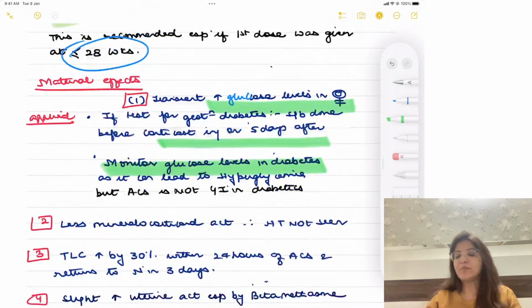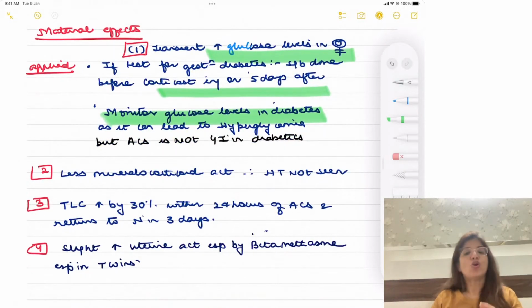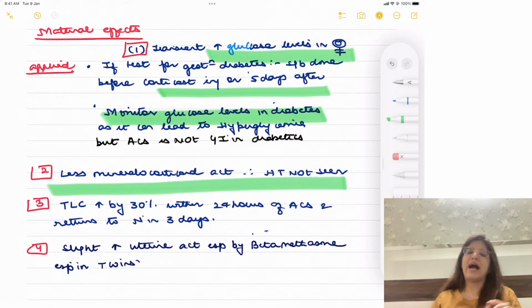Next important thing to remember is that corticosteroids have very little mineralocorticoid action. So hypertension is not seen when you give antenatal corticosteroids. So again, hypertension is not a contraindication for giving corticosteroids, right?